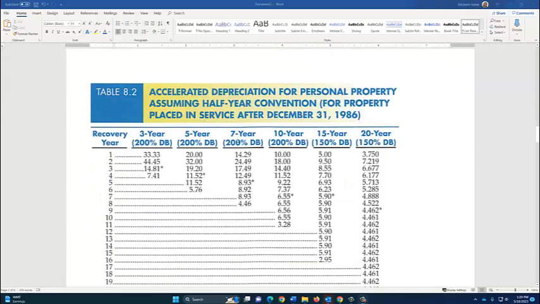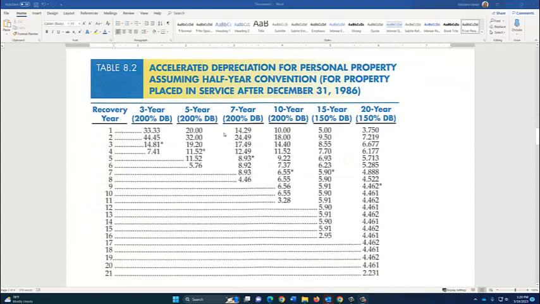But we go to the useful life and come down to the year of depreciation. And so remember, this is the half-year convention, so all of these percentages are already halved, so that we don't have to do that. It's already built into the table.